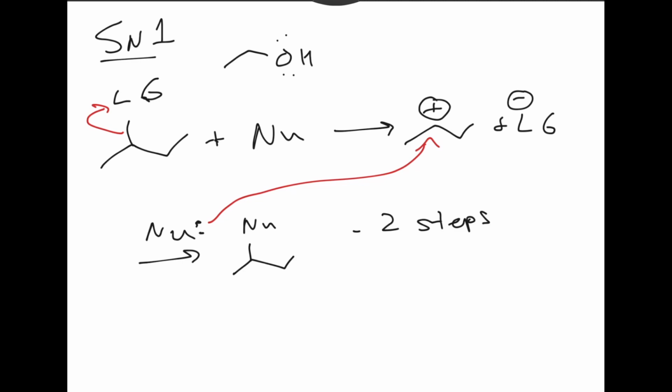Right. So an SN1 reaction is 2 steps. It makes a carbocation. So you should get twitchy because you're like, oh, that means there can be rearrangements. Never forget.